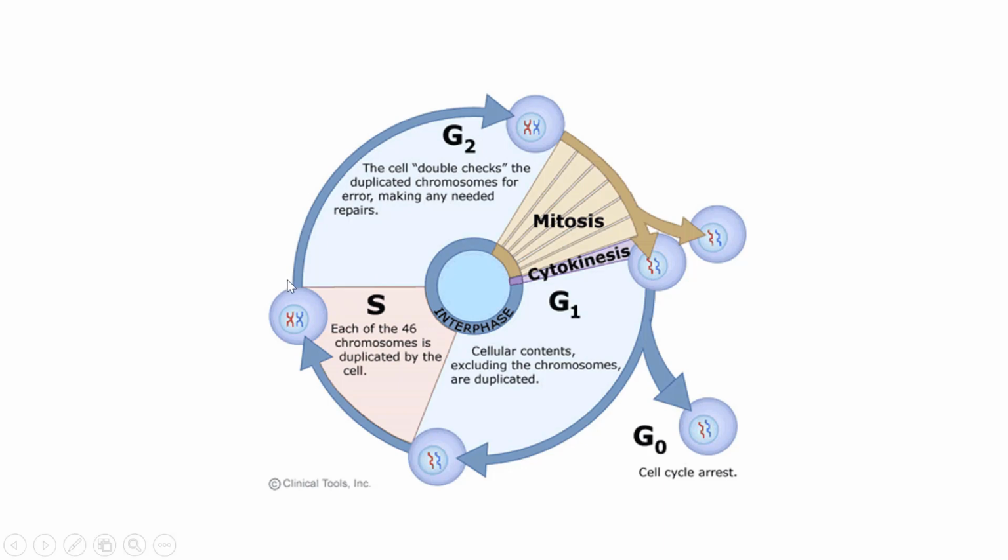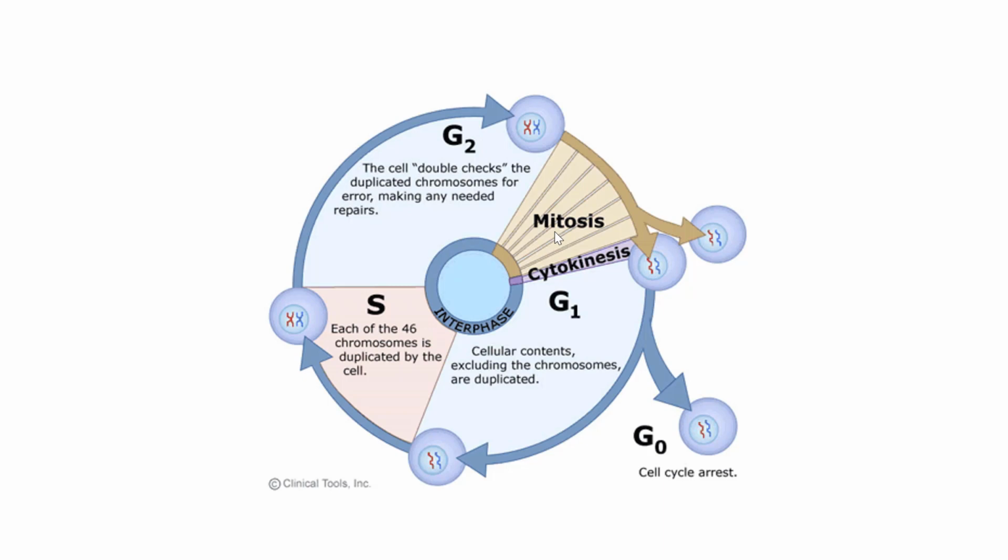But if at that checkpoint here between S and G2, the cell determines that the DNA replication was so wrong that it can't be fixed, then the cell won't progress past that checkpoint and will go through apoptosis, programmed cell death. And then over here during mitosis or meiosis, you have another checkpoint called the spindle checkpoint.